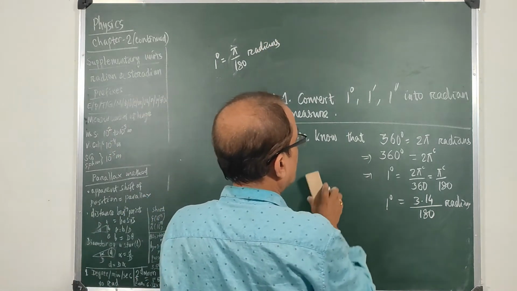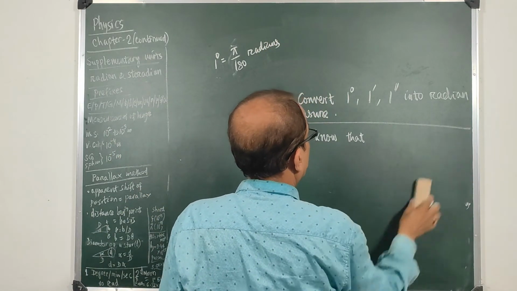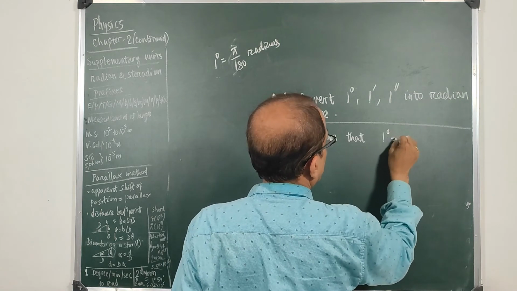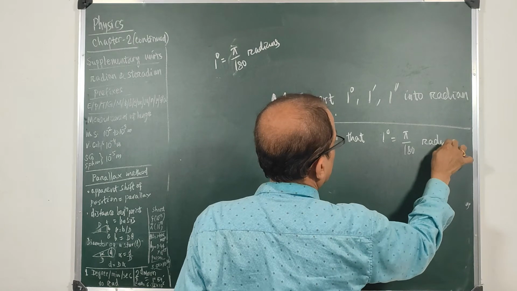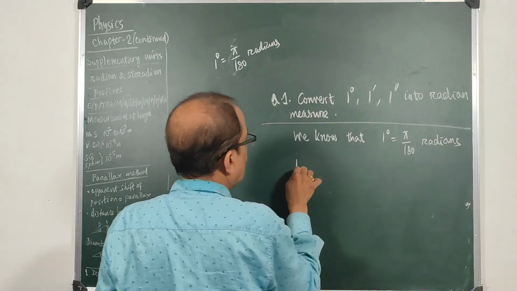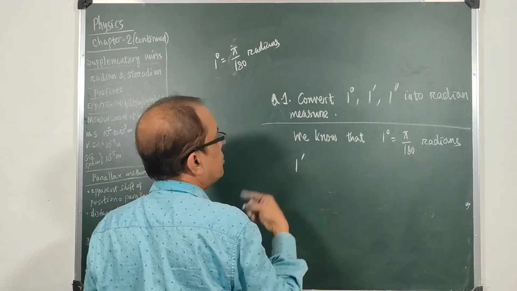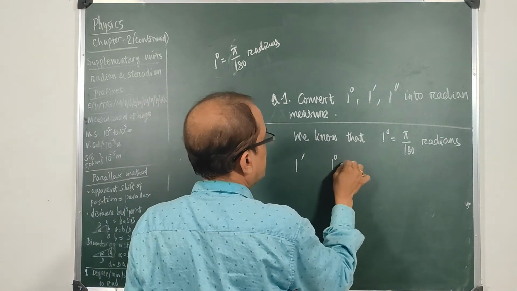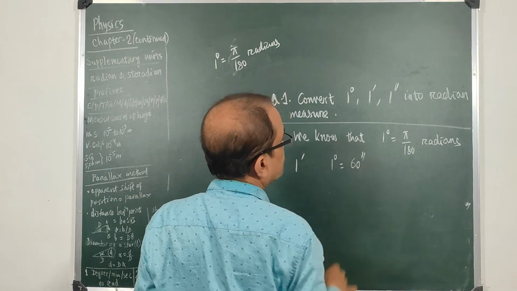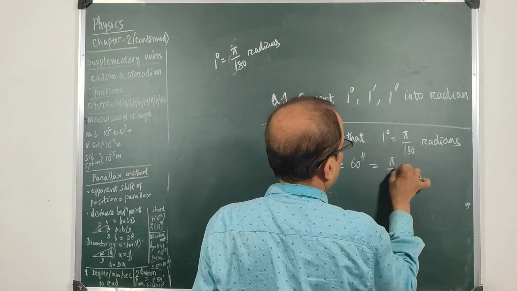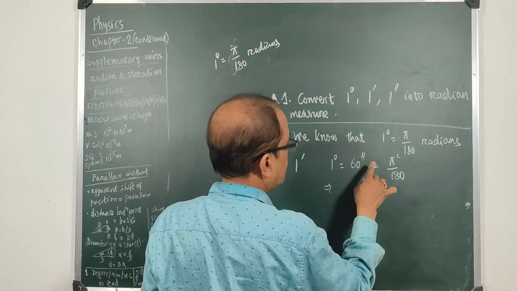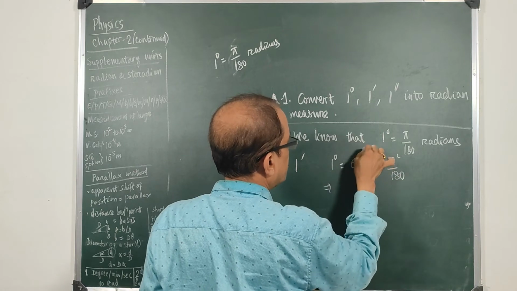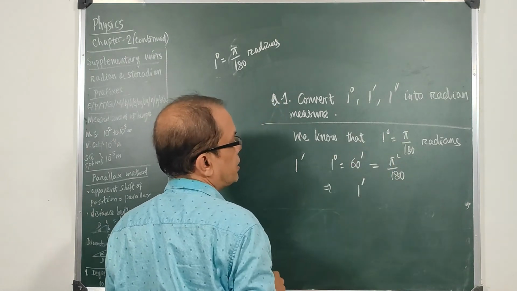Next, one minute. What is 1 minute? 1 degree is equal to 60 minutes, which is equal to pi by 180 radians. A single dash is taken.